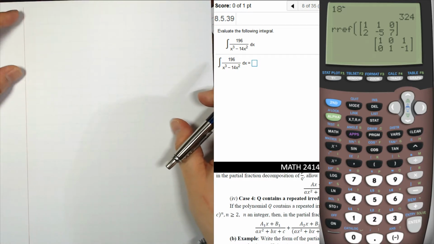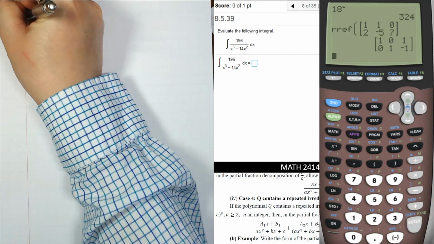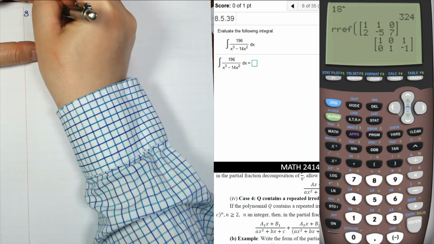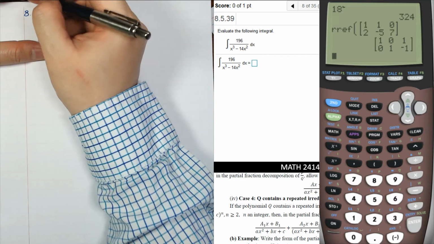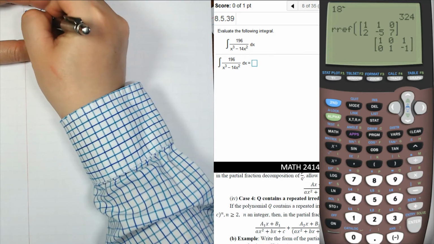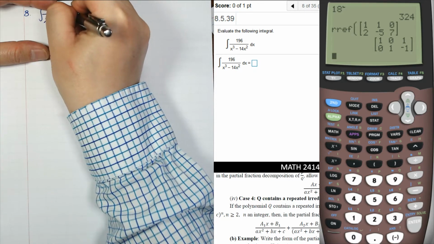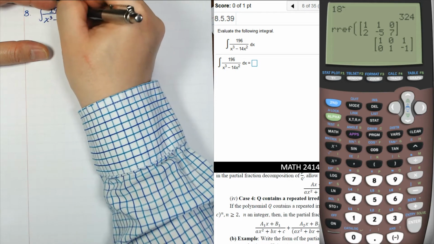This is number 8. I'm just going to leave the calculator there. This time we do the integral of 196 over x cubed minus 14x squared dx.